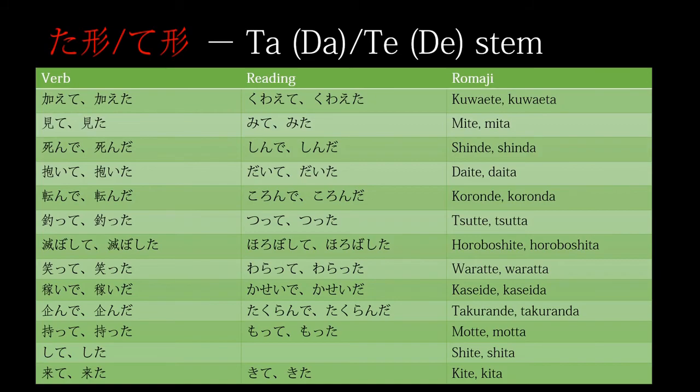So when you see, for example, kaku, meaning to write, you will automatically know that it is a Godan verb belonging to the ku subgroup, meaning to the i subgroup in this case, meaning that its forms would be kaite and kaita.